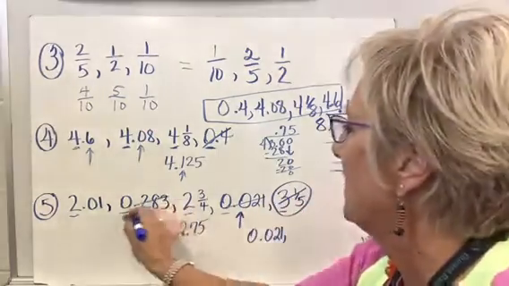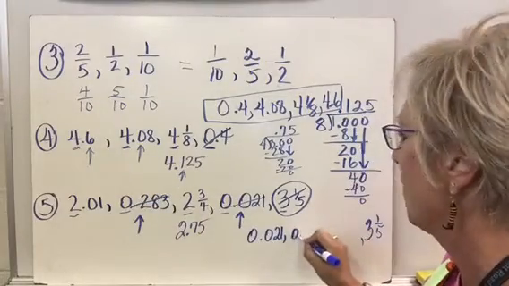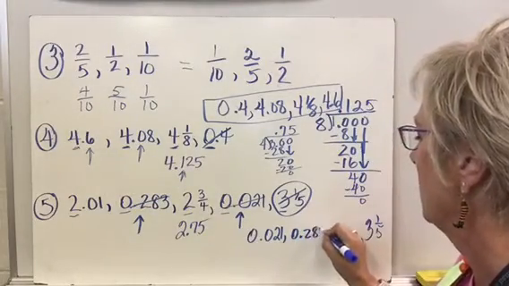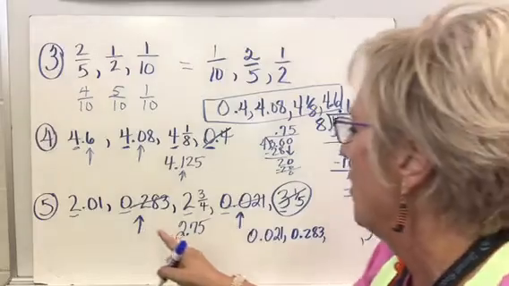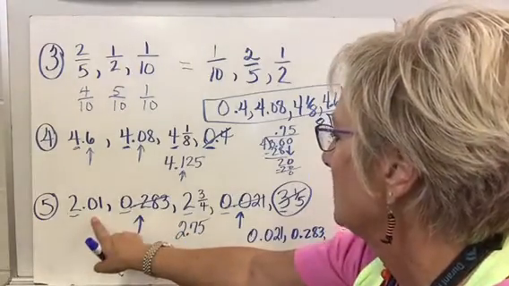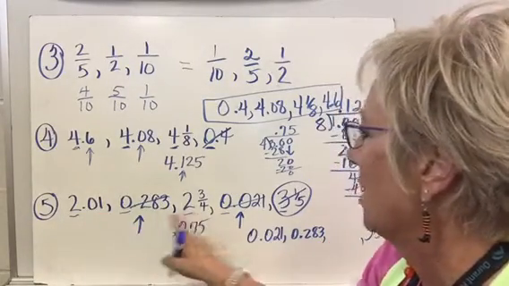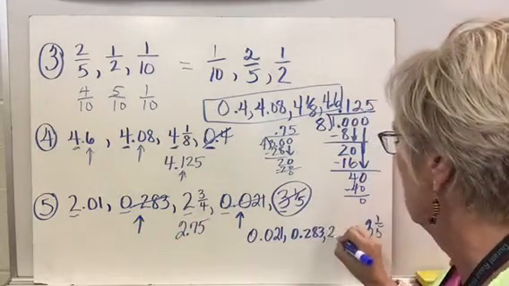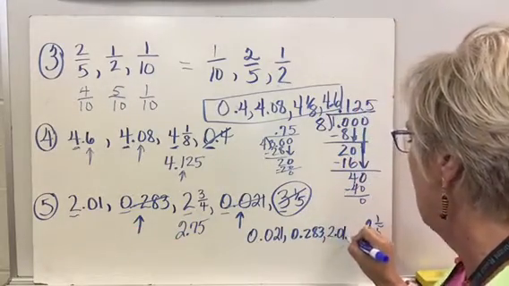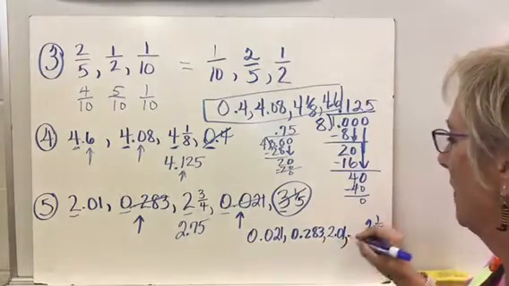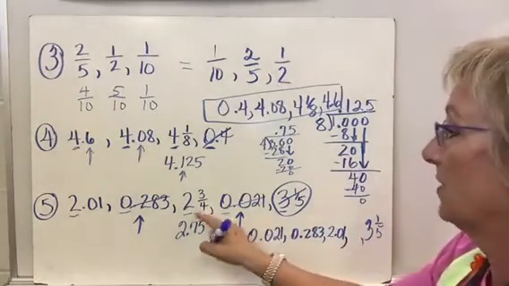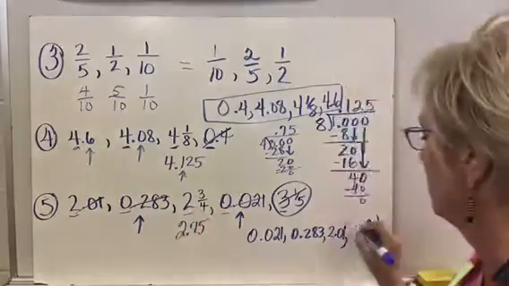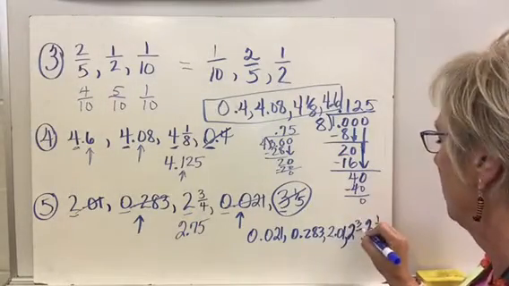This one is going to be my next largest number, which is 0.283. And then I know that this 2.01, because I'm going to go to my 2 as my whole numbers, is going to be the next one, 2.01. And my next number is going to be 2 3/4, because I want to do the original number that we started with, 2 3/4.